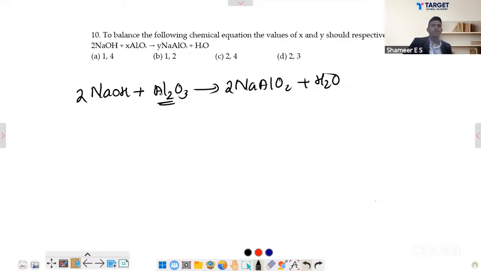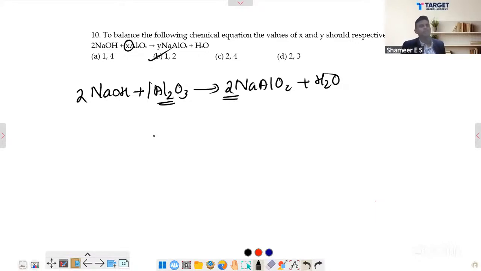Oxygen: 4 plus 1 is 5, 3 plus 2 is 5. So only 1 Al2O3 we have taken and 2 NaAlO2. X and Y are 1 and 2 respectively. After the class just go through the whole chapter. We have discussed the important kinds of questions in this chapter.